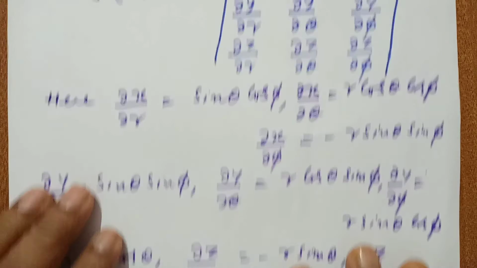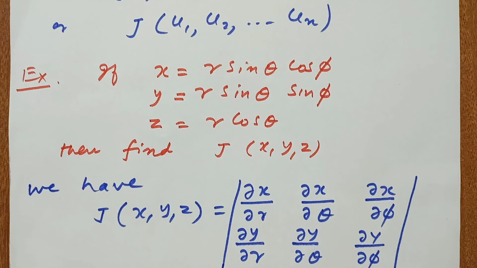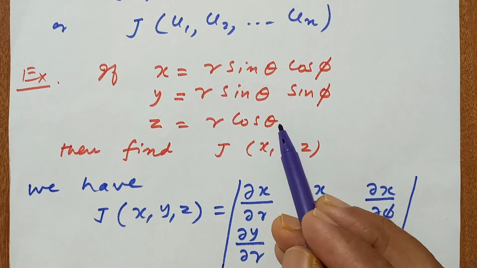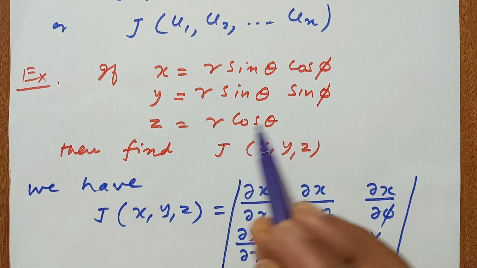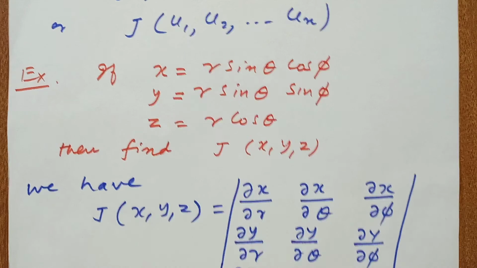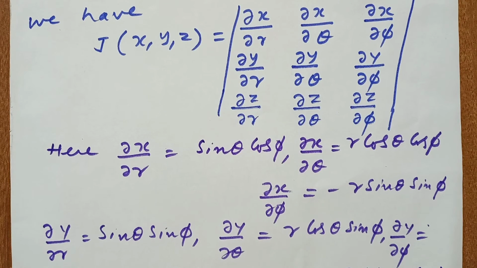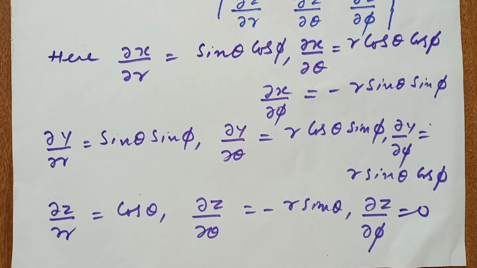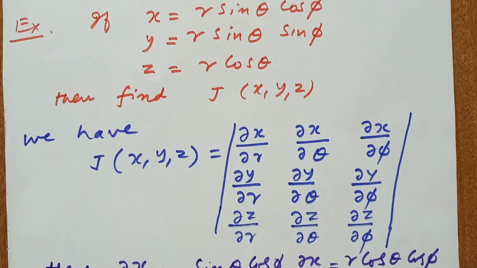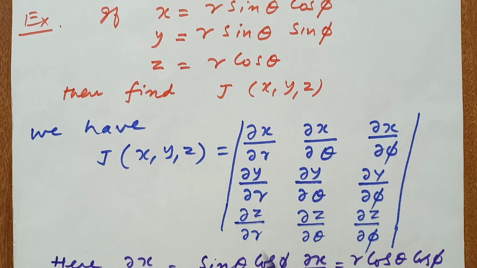Okay, since z is equal to r cos theta, phi is absent, so with respect to phi, r and theta are constant, so differentiation of a constant is 0, so del z upon del phi is equal to 0. Okay, so now putting the values of del x upon del r, del x upon del theta, del x upon del phi, and all the values, substituting them here.